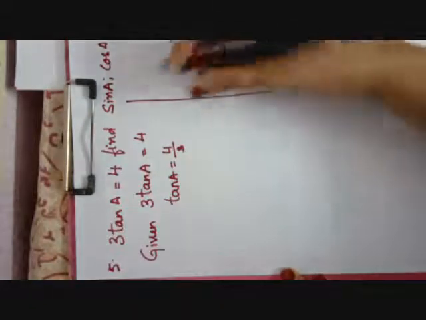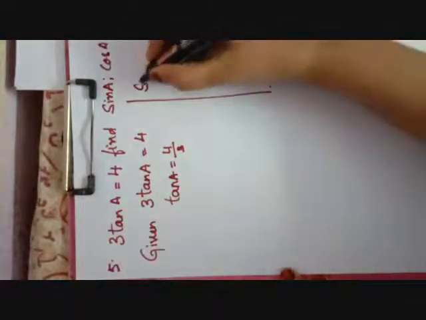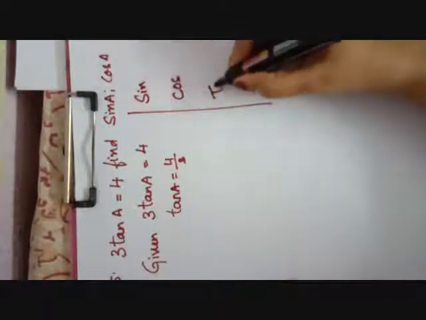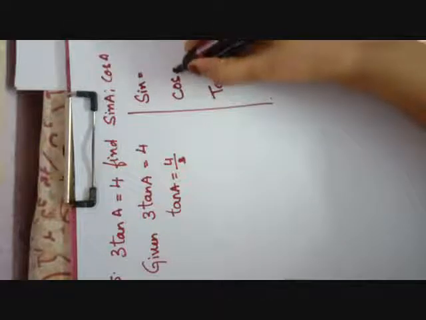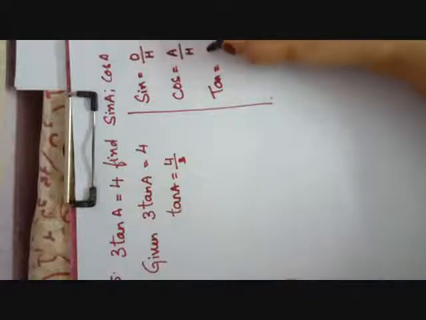In rough, always you should recollect sine, cos, tan. Come on, say me the formulas. Old Henry and his old aunt.